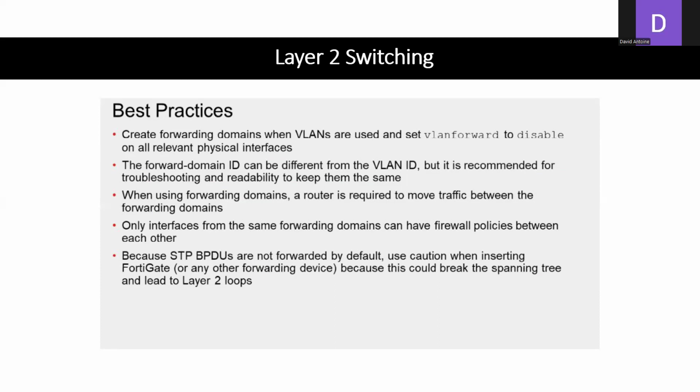Because spanning tree BPDUs are not forwarded by default, use caution when inserting a FortiGate or any other forwarding device or layer 2 device, because this can break the spanning tree and lead to layer 2 loops. Because again, BPDUs and spanning tree is not enabled by default.